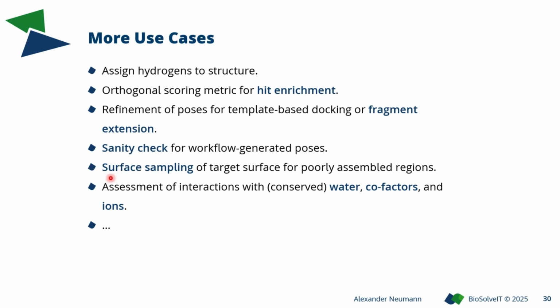What I've seen and found very interesting is the surface sampling of target structures for poorly assembled regions, which can also help you to use a ligand and place it at the target structure to see, okay, there is a lot of lipophilic area that is not satisfied or can be better satisfied by lipophilic ligands, which means that this target structure is maybe not in its right conformation. And we should do another MD to really refine the structure or the model we are working with.